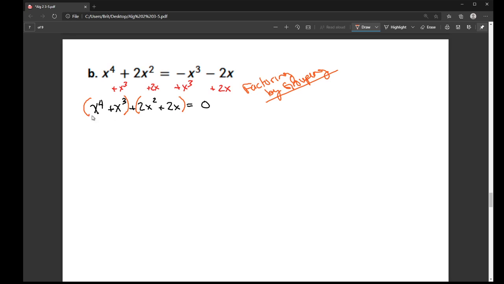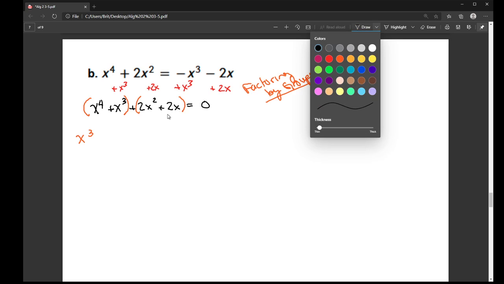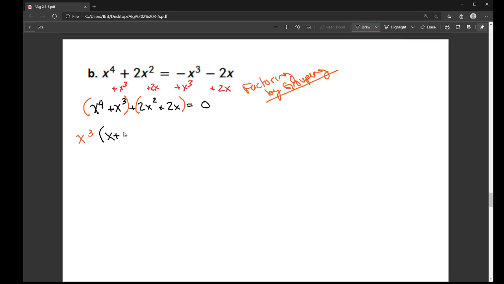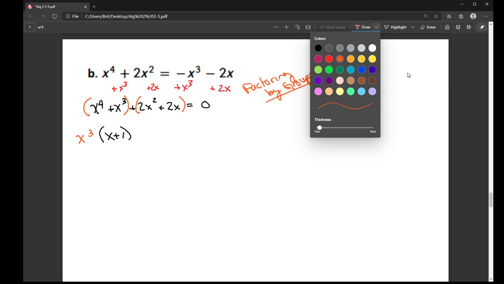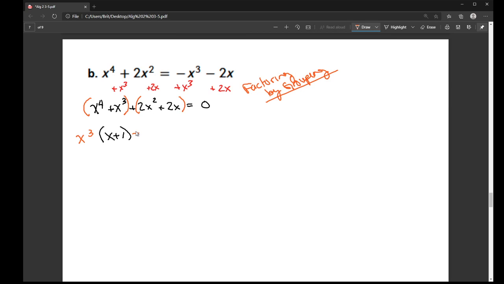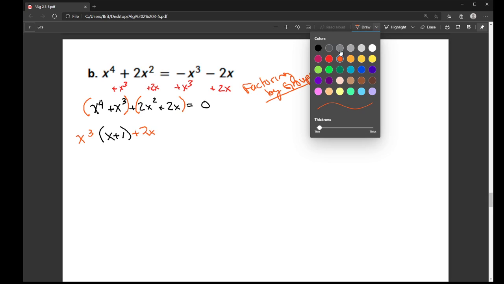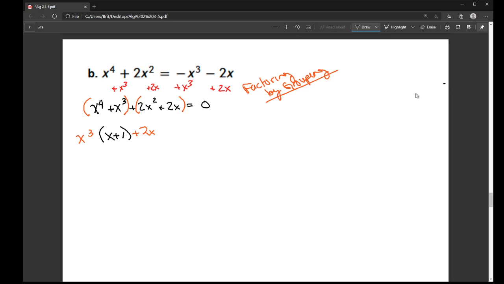Okay. So here, my greatest common factor between x to the 3rd and x to the 4th is x to the 3rd. So this is going to turn into x to the 3rd times x plus 1. And then in my second set of parentheses, my greatest common factor is a 2x, because that's what can be divided out of both of those.